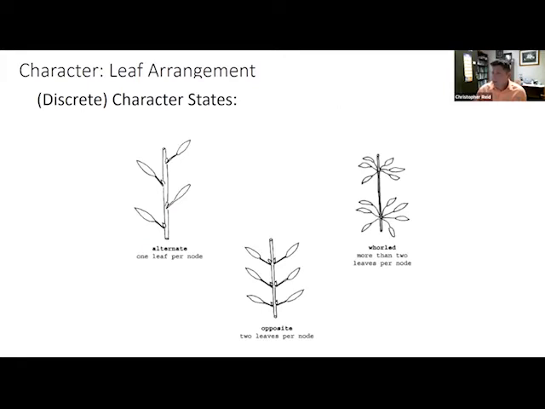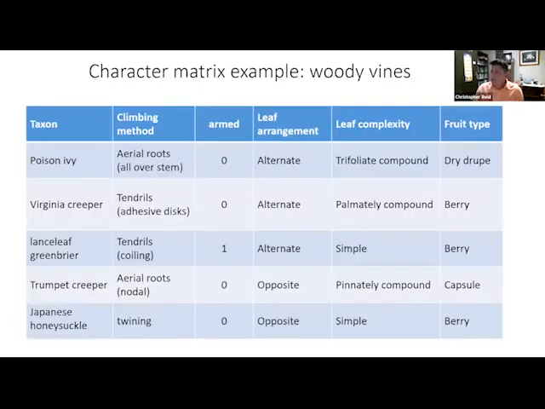All right, so just getting back to the character state idea, leaf arrangement is a good example. Leaf arrangement is a character, and you have 3 character states: alternate, opposite, and whorled. Right. So this is an example of a character matrix that I did for some of our woody vines.